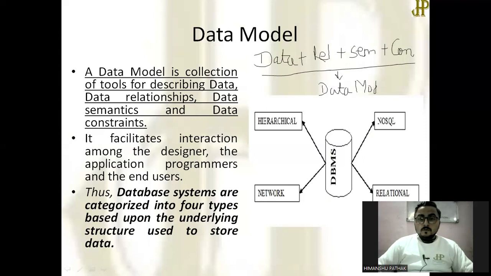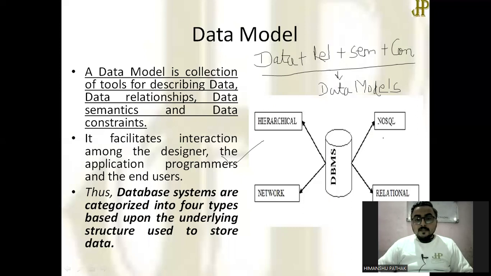So, it facilitates interaction among the designer, the application programmers, and the end user. And based on these, it is categorized into various models, but four models are very popular.